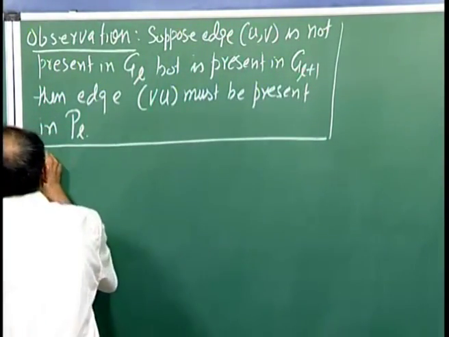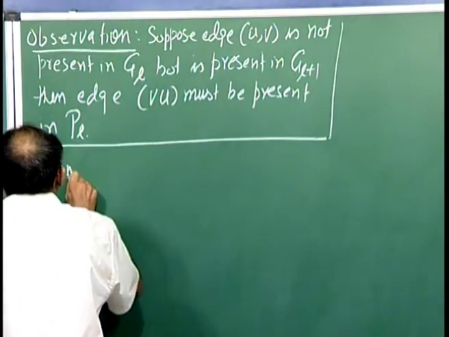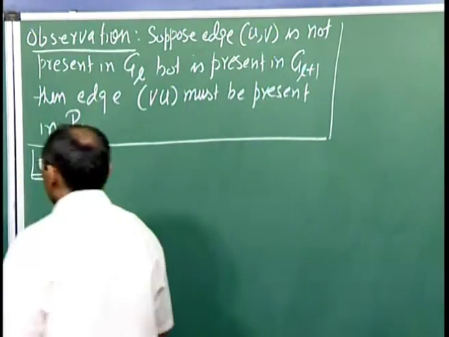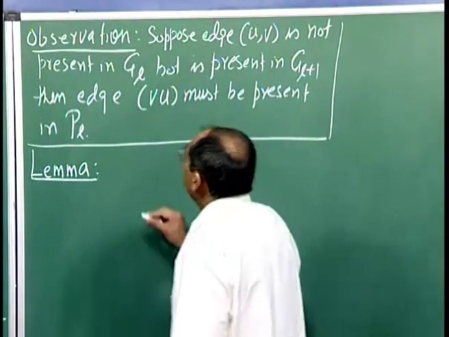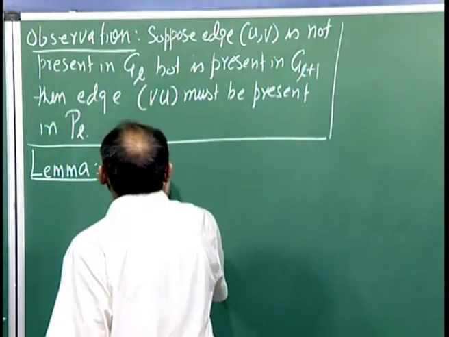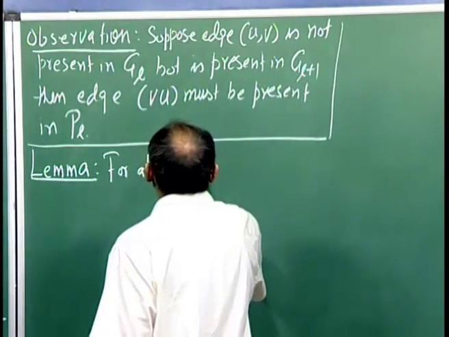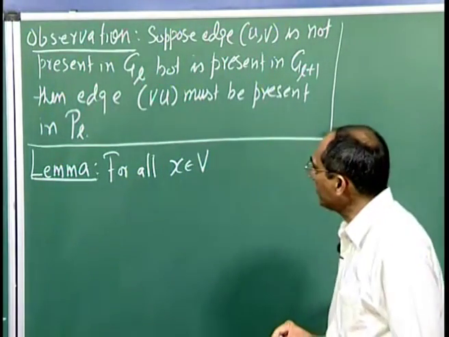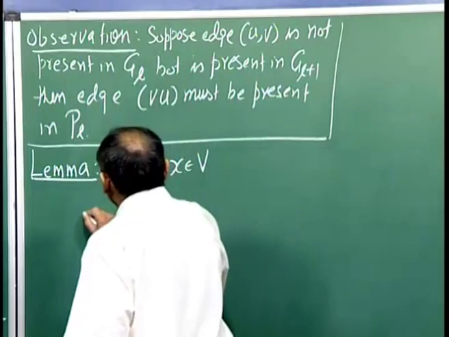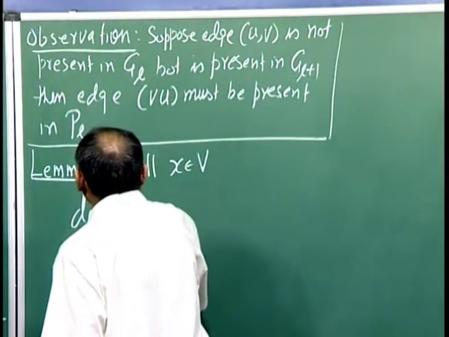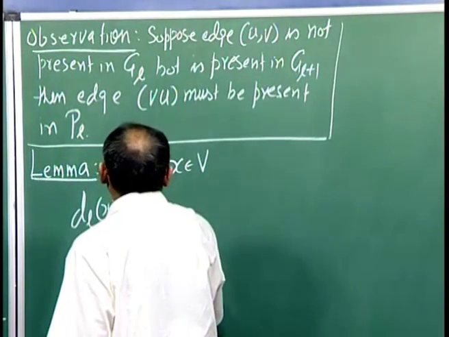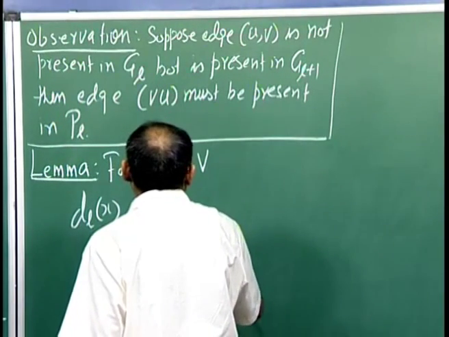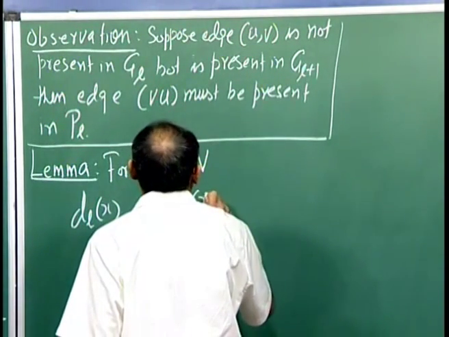So, we have a lemma which says for all vertices x, dl of x is less than or equal to dl plus 1 of x.